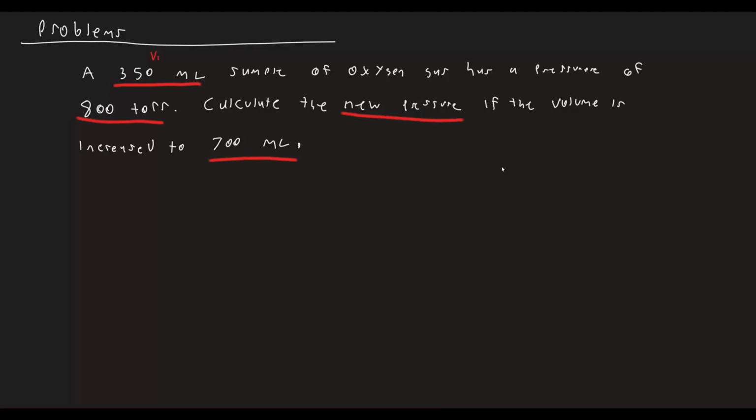We have an initial pressure right here of 800 torr, so that's our P1. We have a new pressure. It wants us to calculate this new pressure, and therefore this is P2. And it says the volume is increased to 700 milliliters, and so this will be our V2. So at this point, we have V1, P1, V2, and we need to calculate P2.